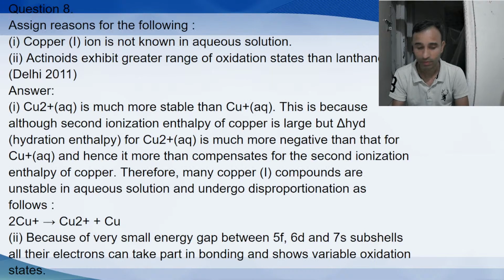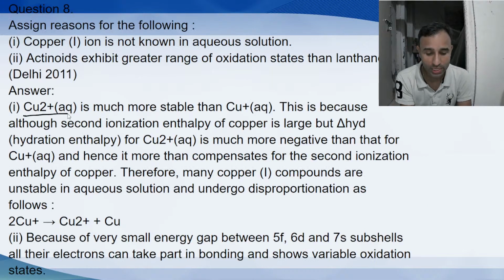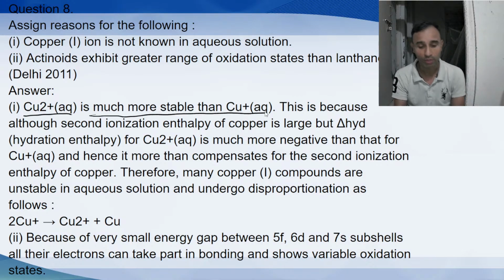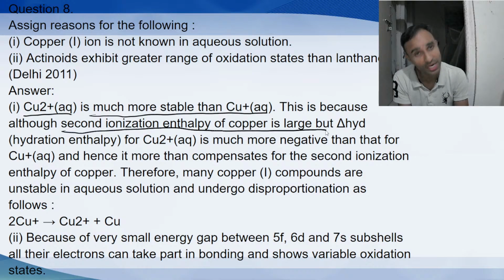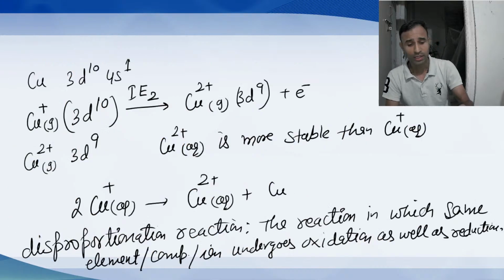So this is the reason. Copper 2 plus aqueous is much more stable than copper 1 plus aqueous because although the second ionization enthalpy of copper is large, that is true because 3d10 to 3d9 is a fully filled d orbital becoming partially filled, so stable to unstable. So obviously a huge amount of energy is required.